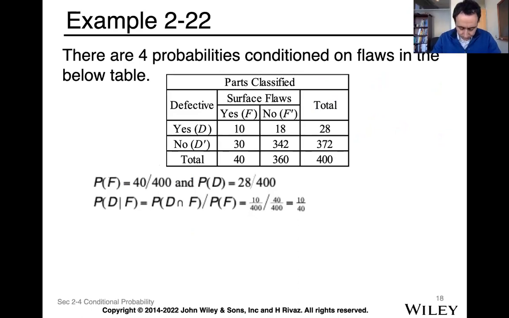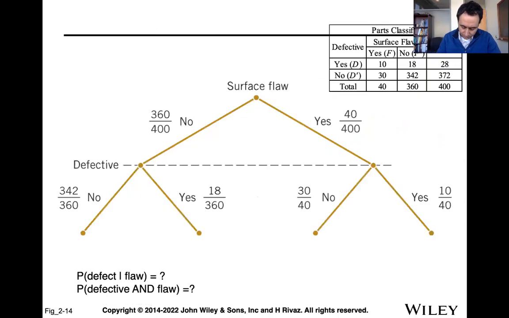So let's look at this example that we saw before. Here, again, we have the same problem, surface flaw or defective features. We calculated these before, right? Let's make sure we actually know these probabilities now. So what's the probability of defect given flaw from this graph?